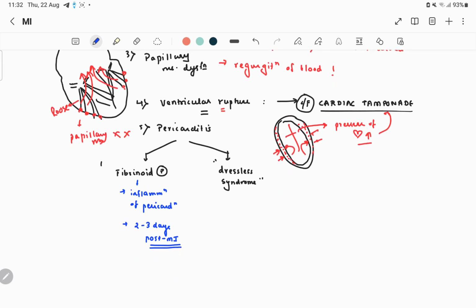But Dressler syndrome occurs 2 to 3 weeks post MI, right? Dressler syndrome is basically an immune disease. You can say an autoimmune disease. An autoimmune response is involved over here.